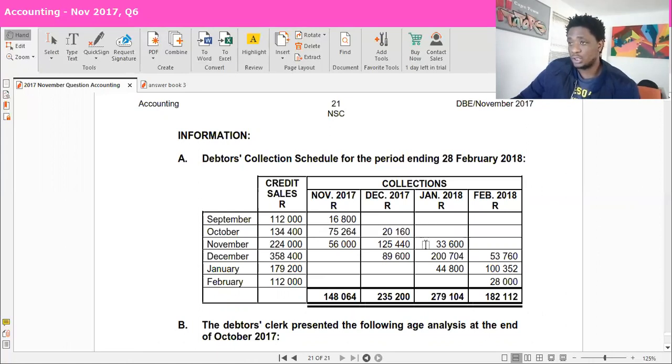So what you need to do in this case is add 56,000 and 125,440. Those are the ones in compliance with the credit terms. Then we divide that total by 224,000, which is the amount of credit sales, and multiply by 100 to get the percentage of the debtors that will comply with the credit terms. Hope that is clear.